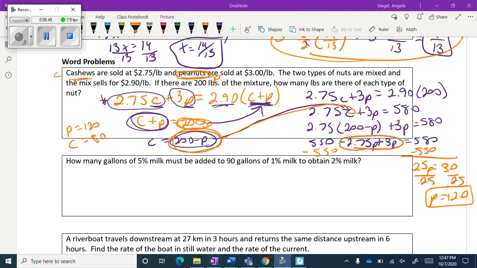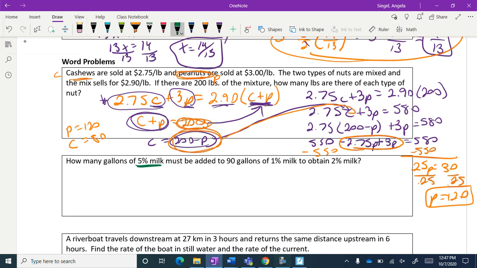Okay, for this next one, I have 5% milk, and I have 1% milk, 2% milk. So this is how I see it set up. I know that X plus 90 gallons is going to give me some other gallon amount. So X is the gallons of 5% milk, and then Y is that mixture.